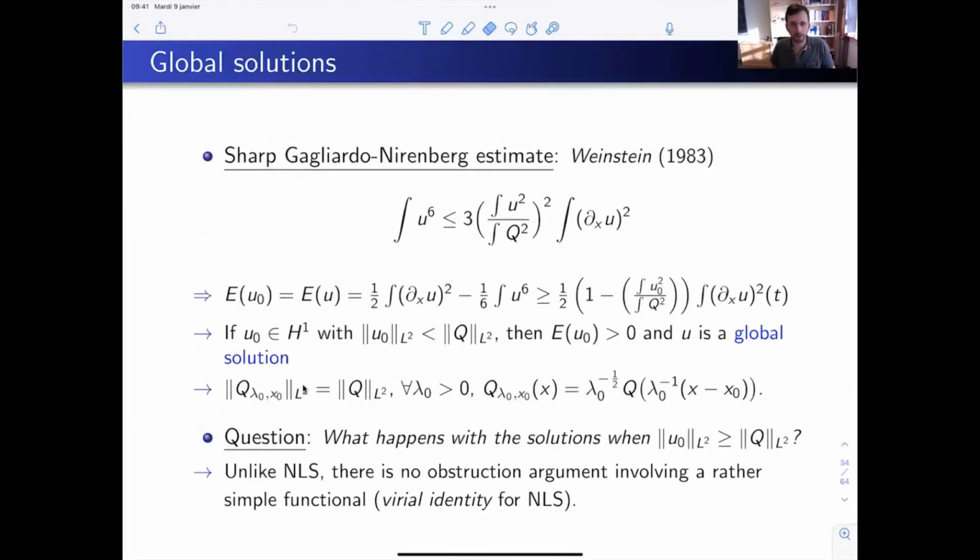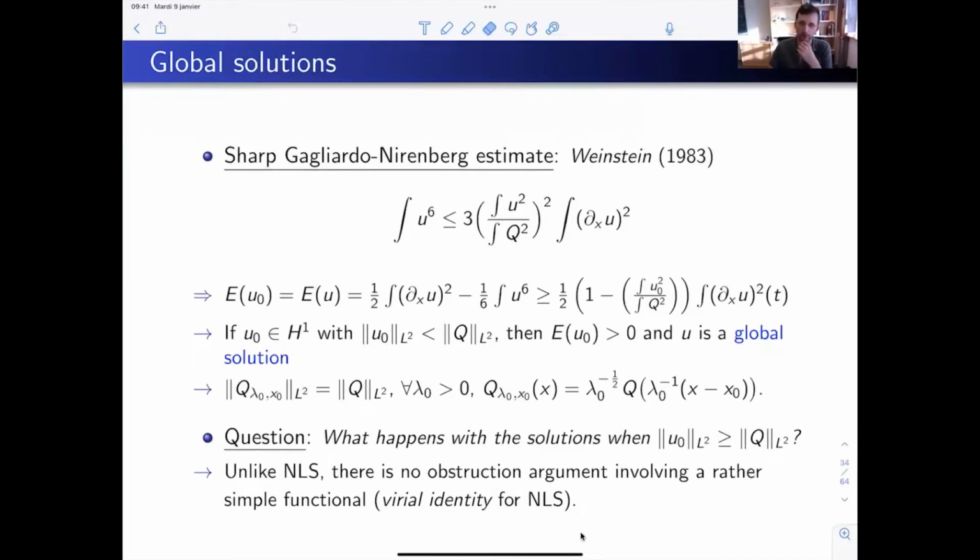Something I wanted to point out: in this talk I will completely focus on the generalized KdV equation, but this kind of phenomenon happens for many other nonlinear dispersive equations and even nonlinear parabolic equations. Unlike in many other cases, for example the nonlinear Schrödinger equation, you don't have any easy ODE arguments to prove blowup of solutions by an obstruction argument.